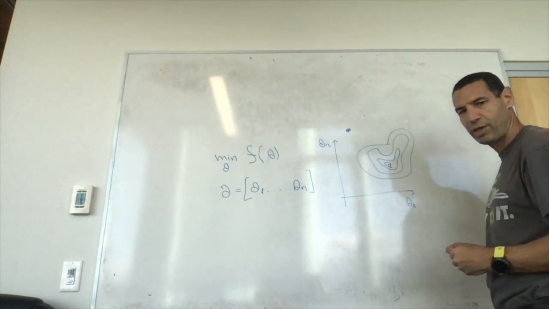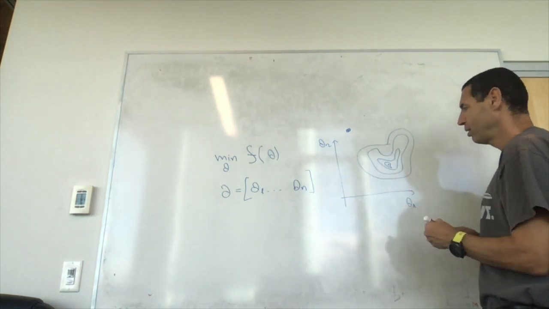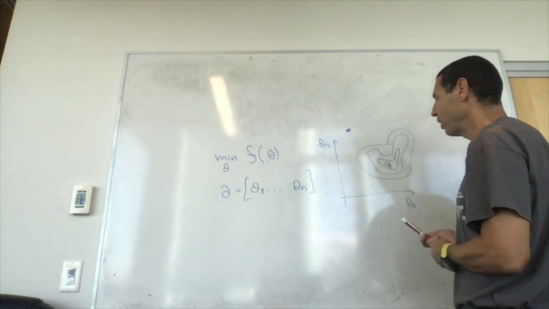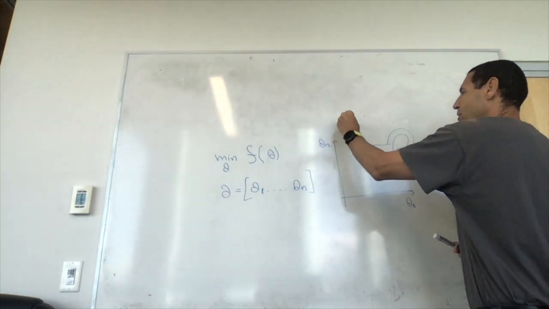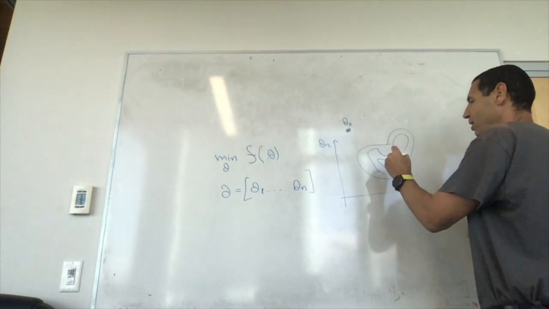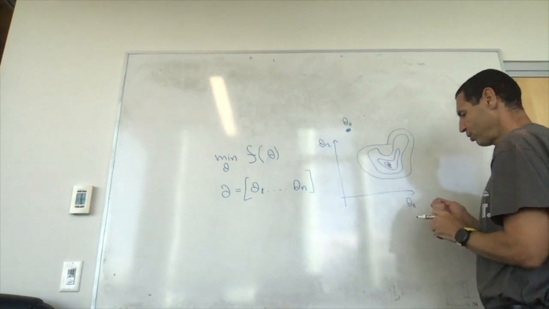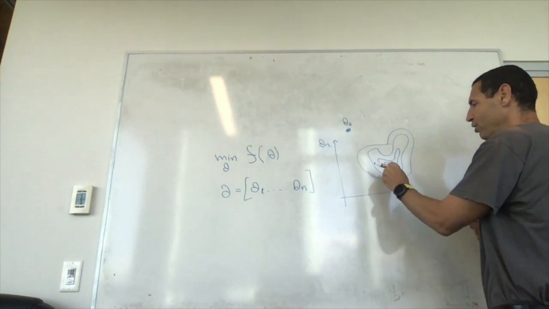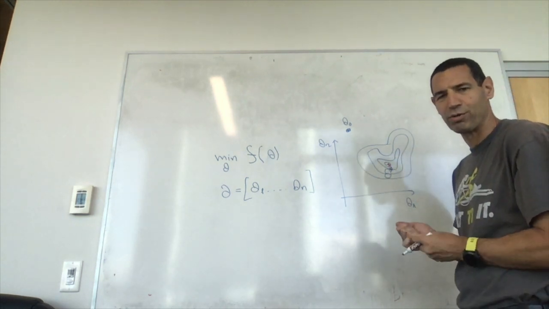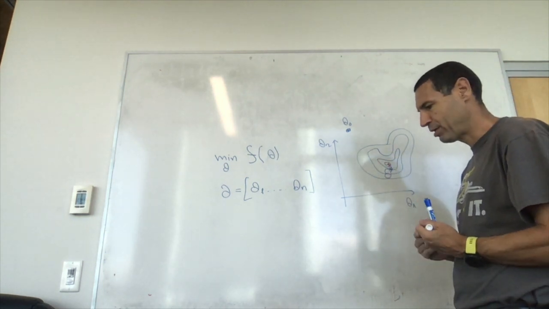So you're attempting to find a path that would lead you from the initial theta, which is let's call this thing theta 0, to some theta star, which is going to be here, which we are going to assume is at the minimum of the function, theta star. That's basically what we're going to try to do in this particular class.